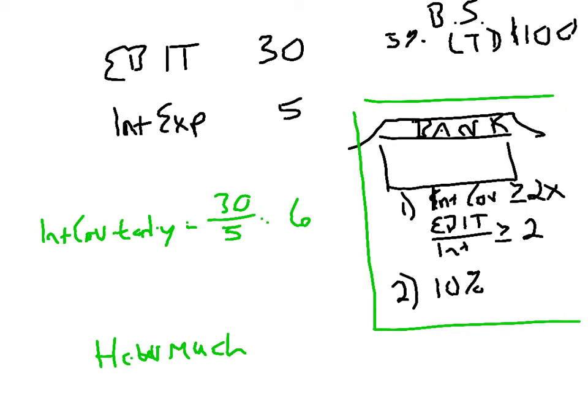So our question is, interest coverage with new loan has to be 30 divided by x equal to 2, right? So now we can figure out that 30 divided by x equals 2.